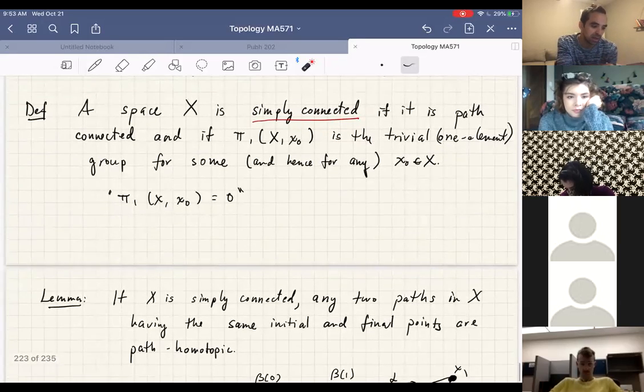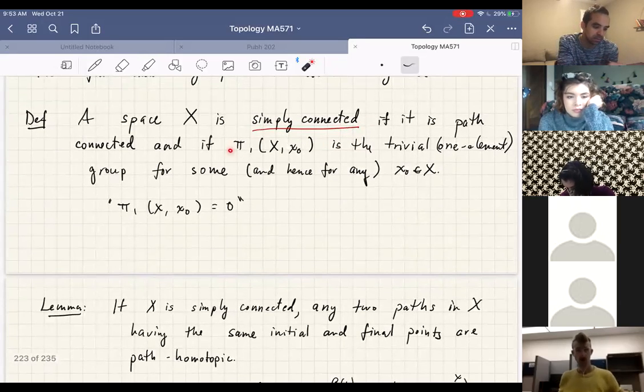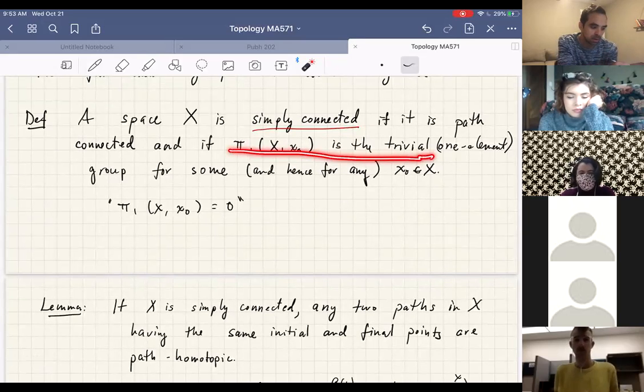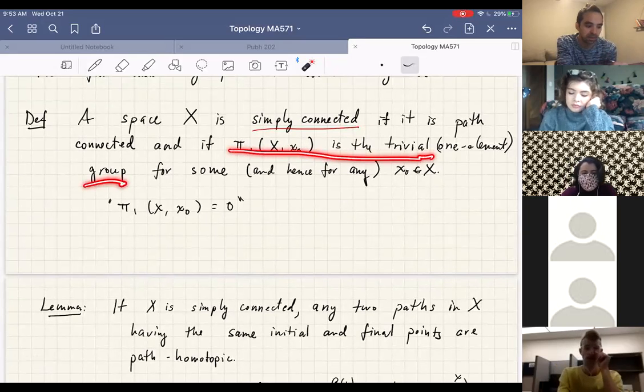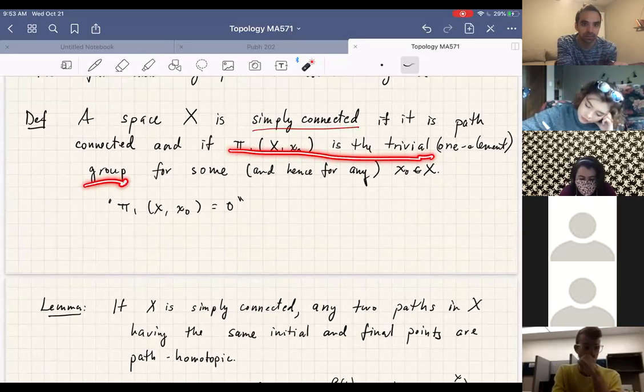Because what does this mean? That the fundamental group is a trivial group. It means that any loop is contractible. This phrase, any loop is contractible, means any loop is homotopic to the constant loop. I'm just using different words to mean this.